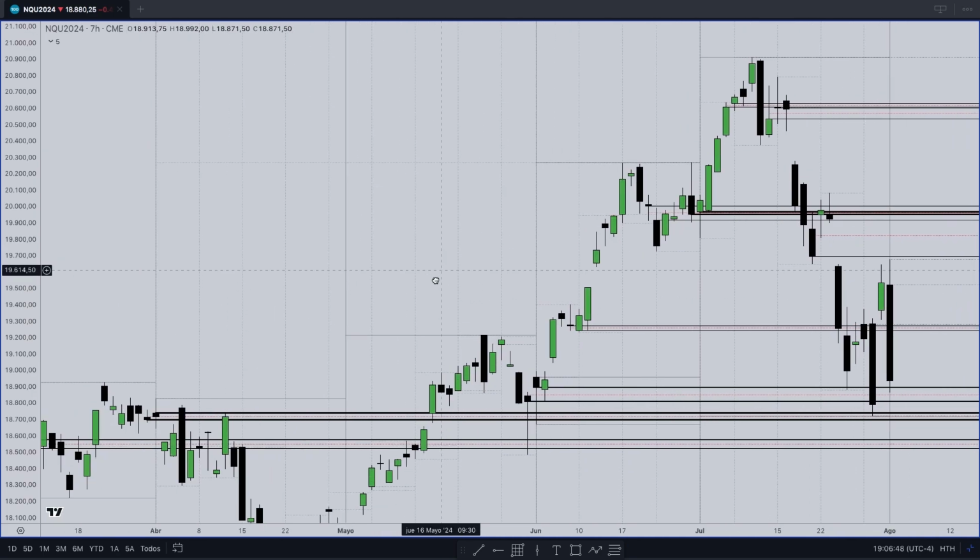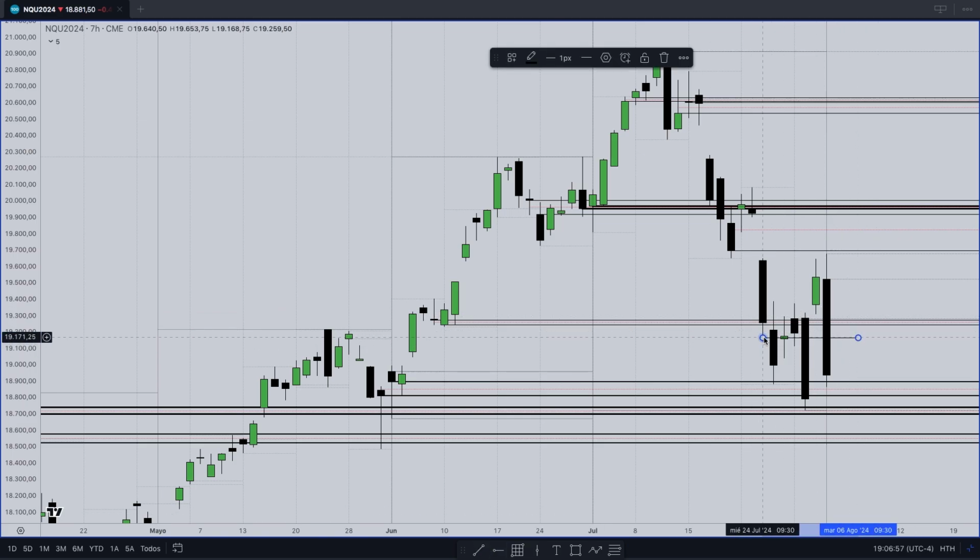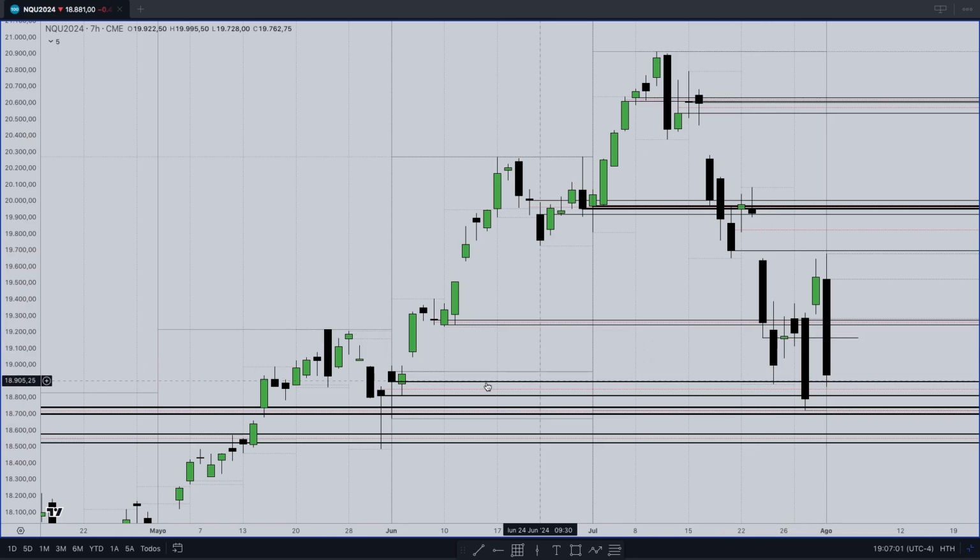Okay, so remember on the previous video that I told you that I was expecting below this low to come back to this gap here and retrace to this gap. That's exactly what I told you.